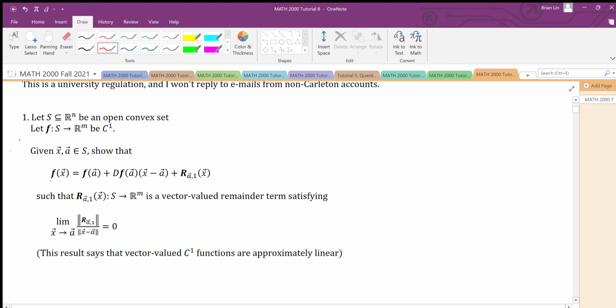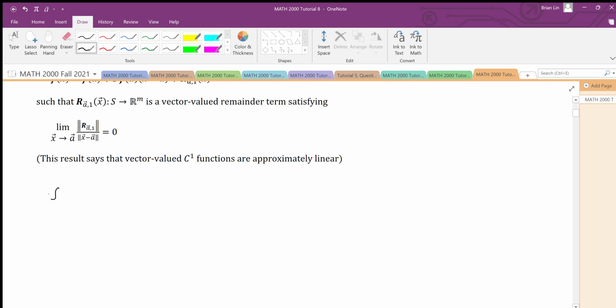Okay, so first things first, f is a function from S to Rm. So we know you have m component functions. And we know that f is C1. Therefore, each of the component functions fj from S to R is C1 itself.